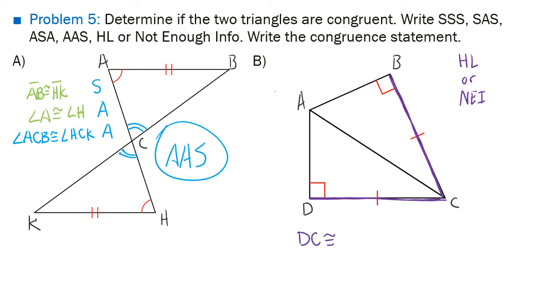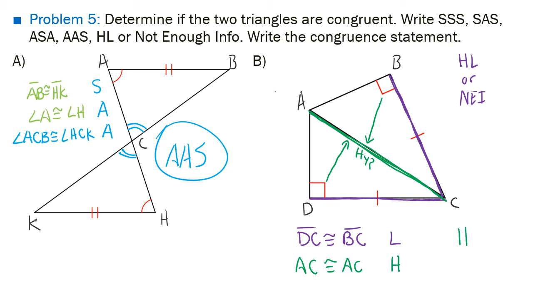DC is congruent to BC. So there's our leg. Do they have the H? So remember, hypotenuses are directly across from the 90-degree angle. So AC is the hypotenuse of that top triangle. And here's the other 90-degree for the triangle that's below. Its hypotenuse is also AC. Since AC is congruent to AC, there's our hypotenuse. So yes, we can prove they're congruent by hypotenuse leg.